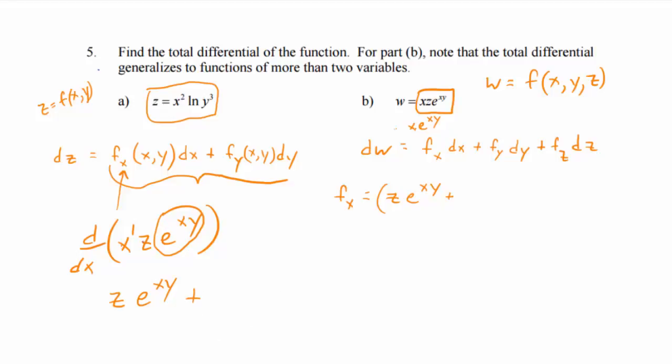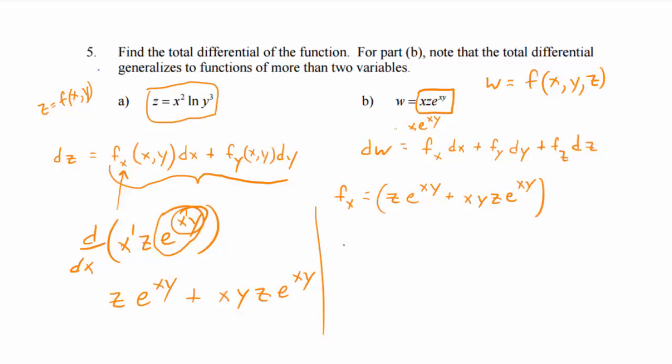You have this x times this z not going away, and then you're taking the derivative of the second with respect to x. You've got this inner function, so what's the derivative of x times y with respect to x? y. So x times y times z e to the xy.